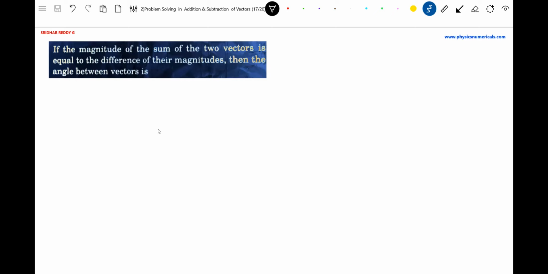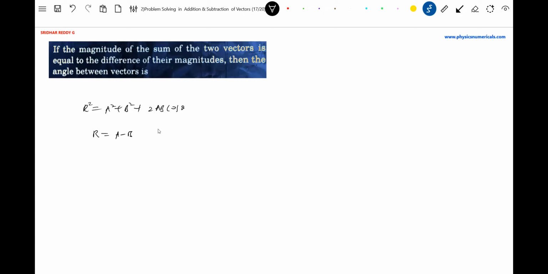Magnitude of sum of two vectors means R square equal to A square plus B square plus 2AB cos theta. This R is the magnitude of the sum of vectors. The sum of two vectors is equal to the difference of their magnitudes. Then the angle between the vectors.